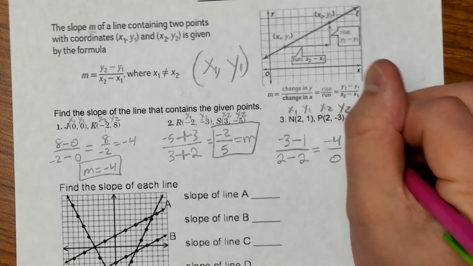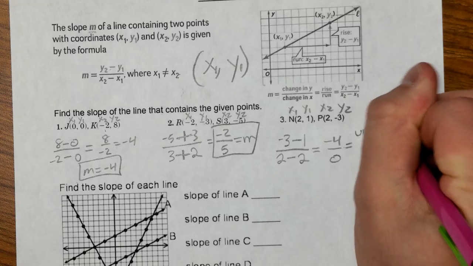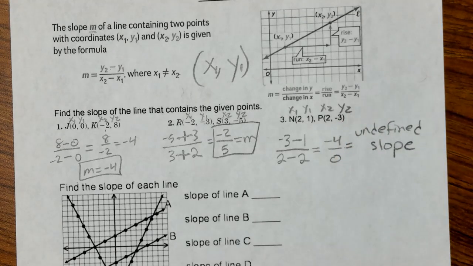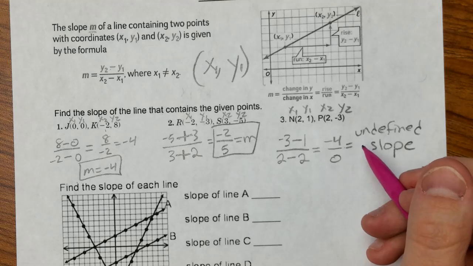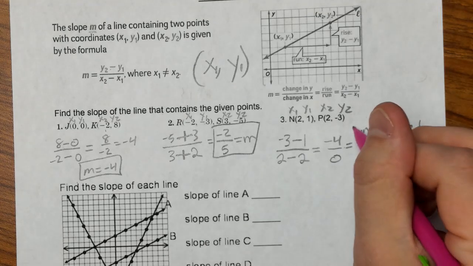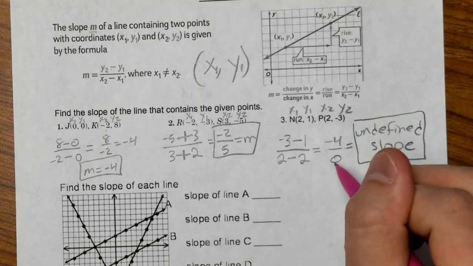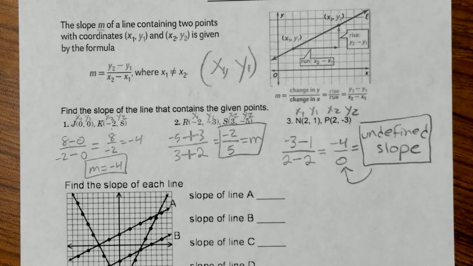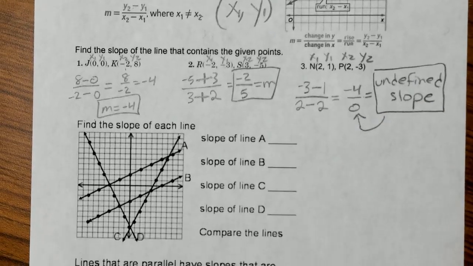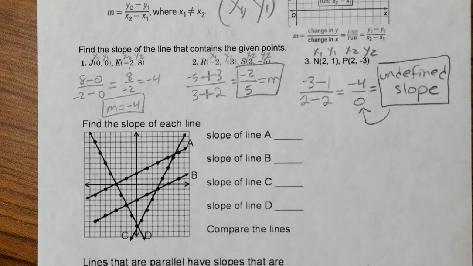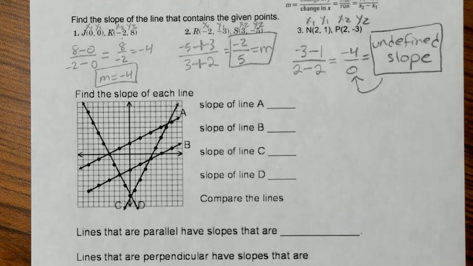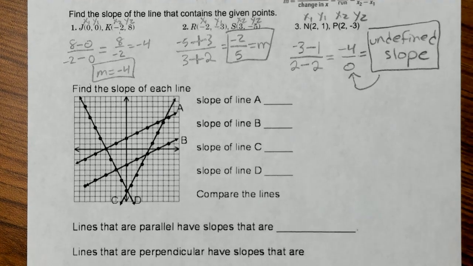It is considered to be an undefined slope. So when 0 is on the bottom, we have undefined slope. Just something that we need to memorize and know. So that's just solving. We just have to practice doing a bunch of slopes. Remember, this is just an equation that we did all the time in algebra.